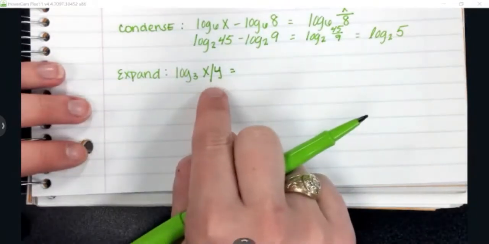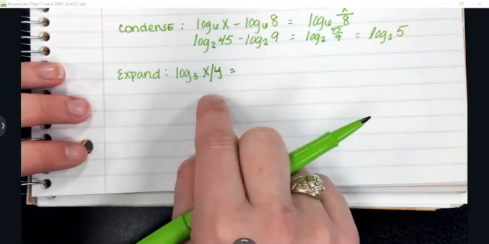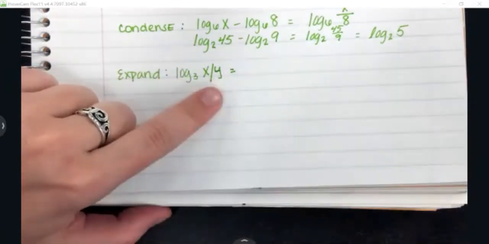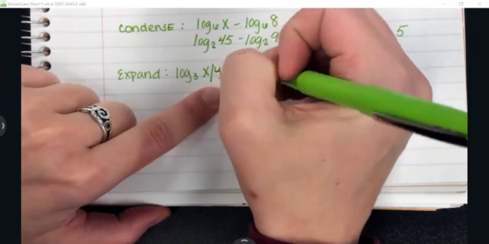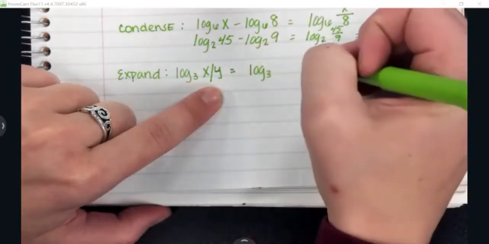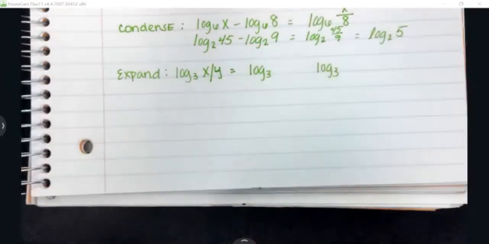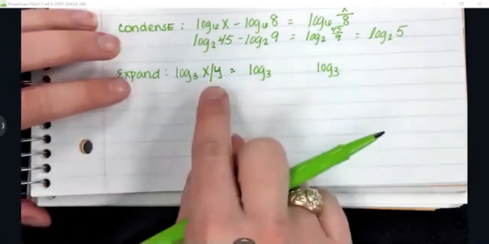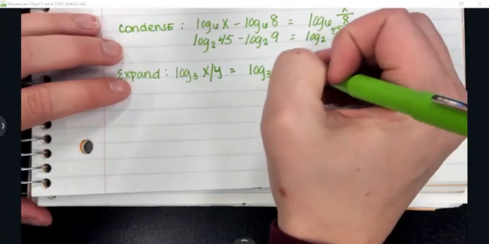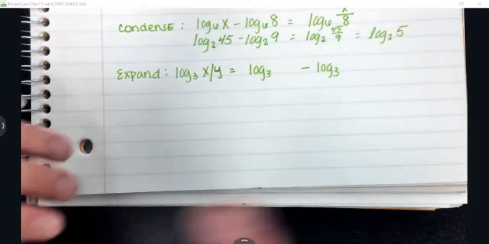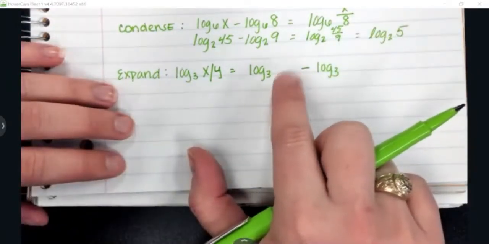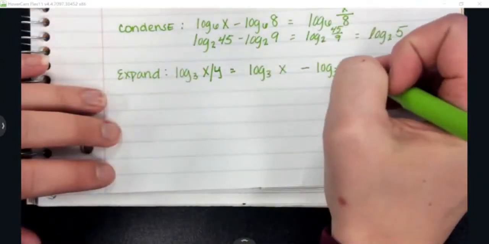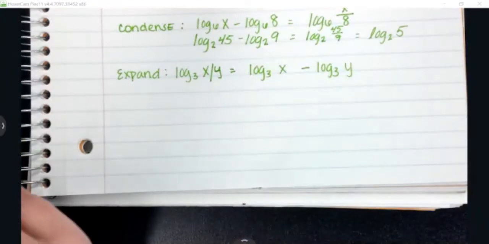Since it's division, I expand it. I see there's two things, an x and a y. So that means I'm going to have two logs, a log for an x and a log for a y. Since I'm dividing, I know I'm subtracting. Which one goes first? The x, since it was on top, it goes first, and the y goes second.